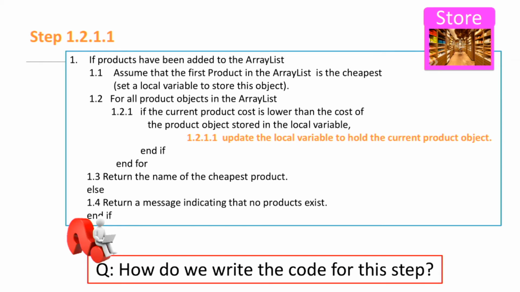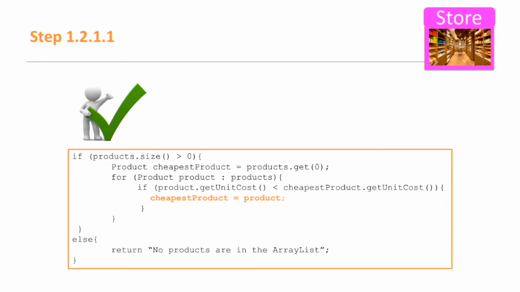I'll give you the solution in just a moment, so pause here and see if you can come up with that yourself. And here it is. Our solution is we update cheapestProduct to be the current product.